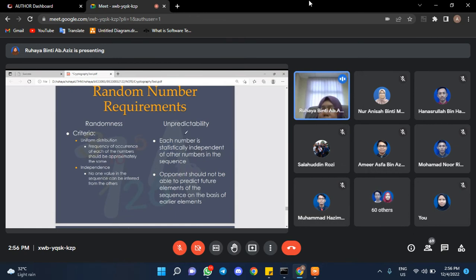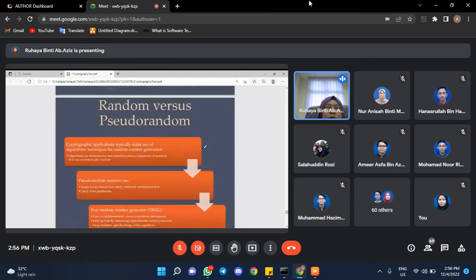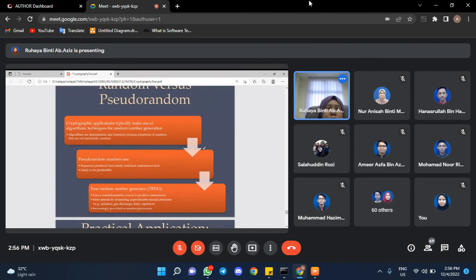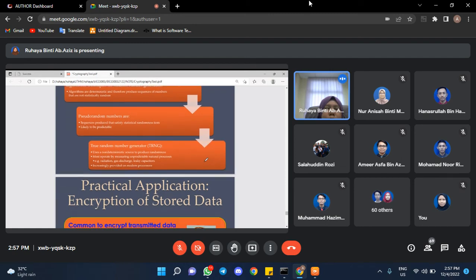So it's random. So tu dia kata random and then pseudo random. Pseudo random is a sequence produced that satisfies statistical randomness tests, but likely to be predictable. So kalau kita guna pseudo random ni, dia lebih predictable. So it's better we use a true random number generator.